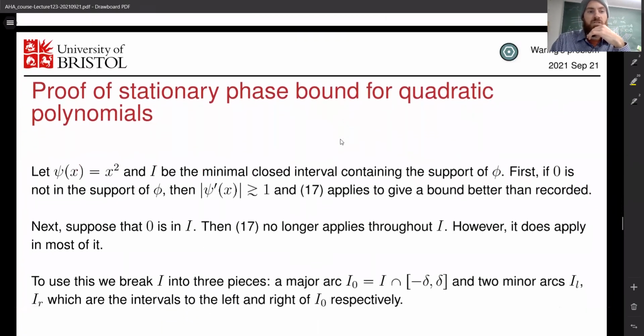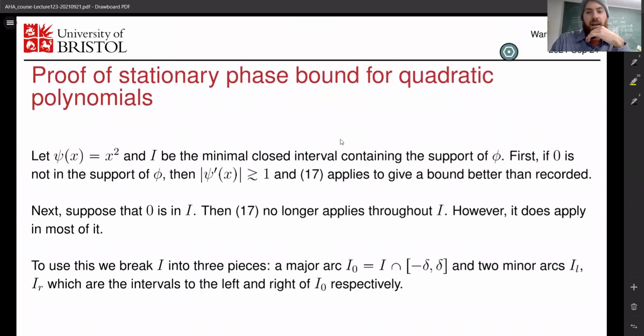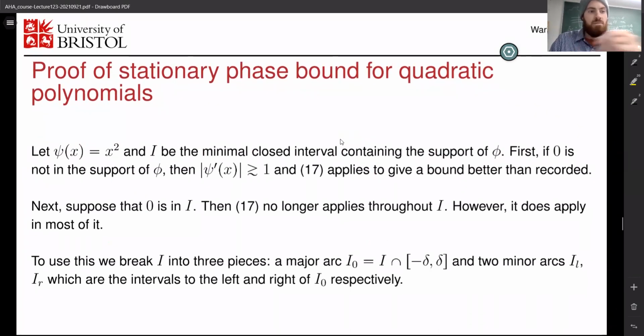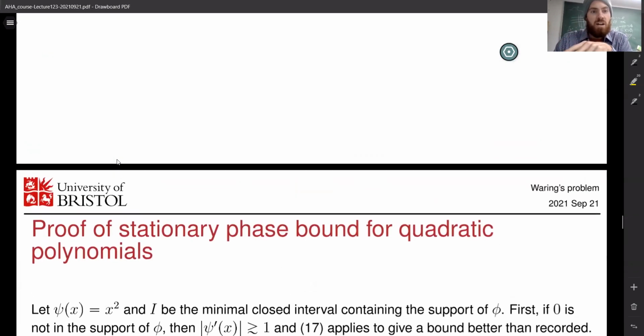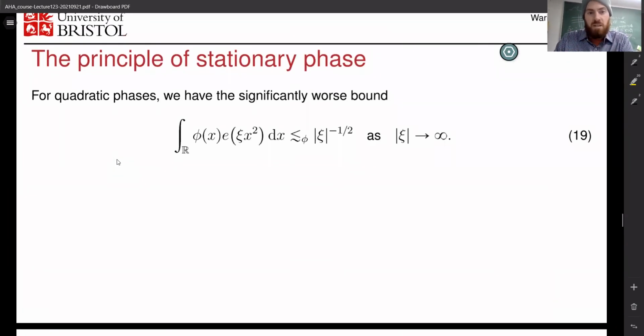So let's prove that for just quadratic polynomials. This is pretty simple to do, and it's a very nice proof as well. We take our phase function psi as x squared. Again, the first derivative fails this test of being never zero. Okay, bummer. But we only have to worry about that if the function phi that we're starting with actually includes 0 in its support.